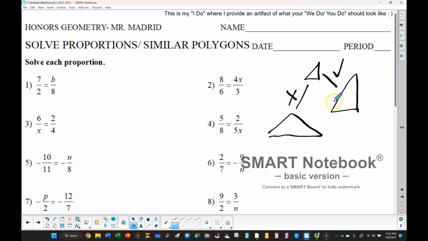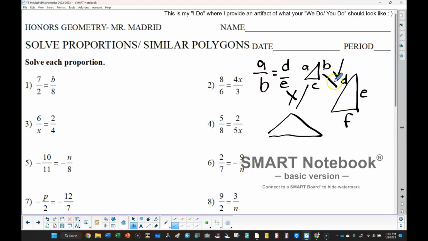Now, when you have these sides, let's call this A, B, and C. We'll call this D, E, and F. The way you set up these proportions is A over B from this triangle is going to end up equaling D over E. Notice that I took A and B, and it matches up with D and E. I did not put D over F. That would give you a different ratio.